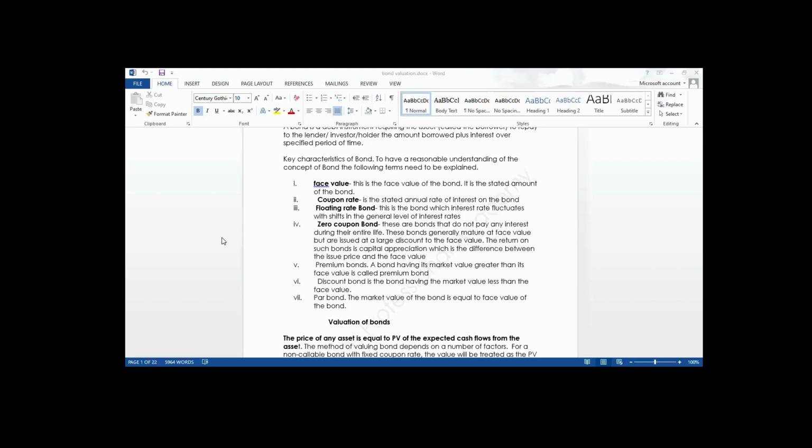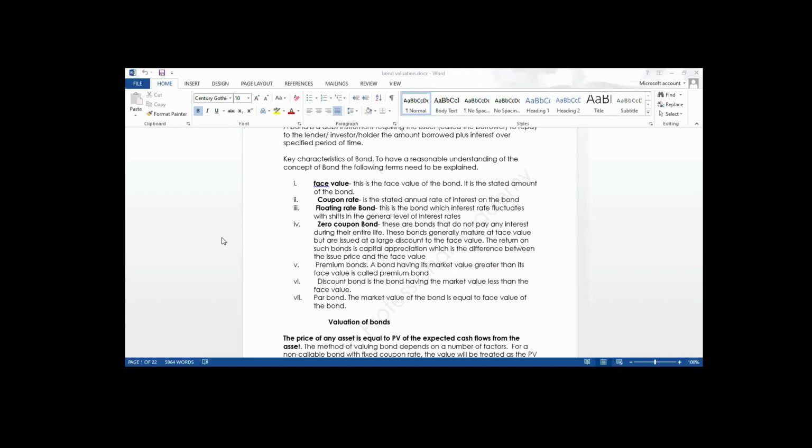If you are required to value convertible bond, now ask yourself, what is a convertible bond? Convertible bonds are debt instruments that can be converted to ordinary shares at the option of the debt holder.